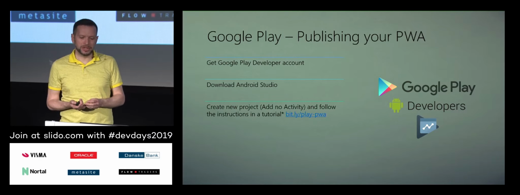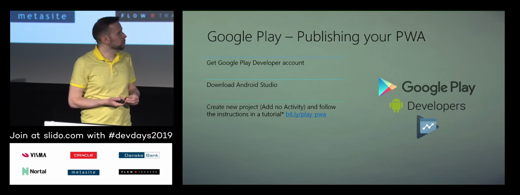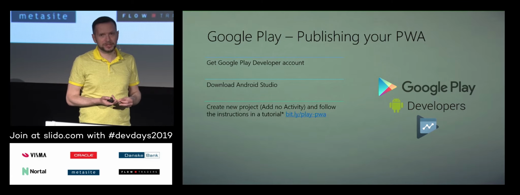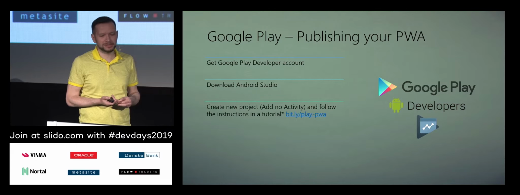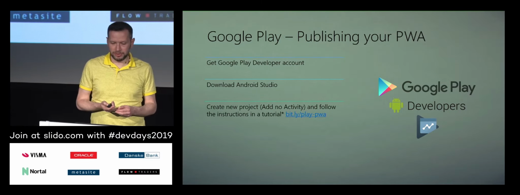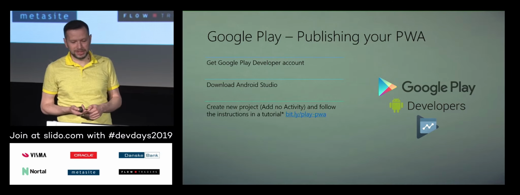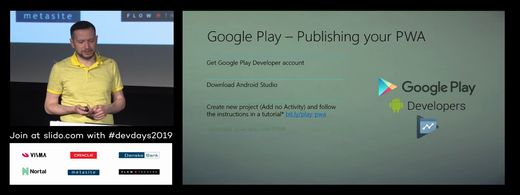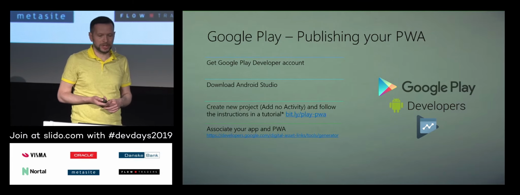And then you go through a lot of steps in a blog post published by Google and then covered by others, which will be obsolete, I'm pretty sure, in a couple of months when they do some better tooling around it. So I don't think there is a point for us to go through all the steps inside of it, but you just follow the steps, add some stuff into your Android Studio project, and you get it all working.